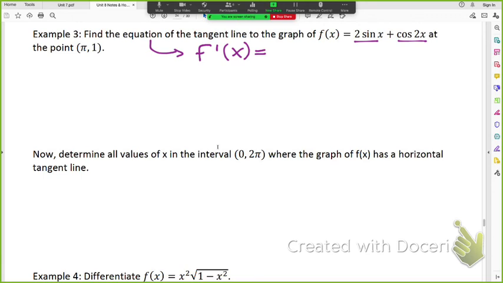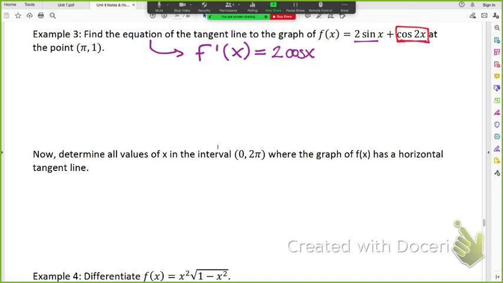No. What is the derivative of 2 sine of x? 2 cosine of x, right? You just keep the constant and take the derivative of sine. That doesn't require a product rule, quotient rule, chain rule, nothing. That's just a normal trig derivative. That's that first term.